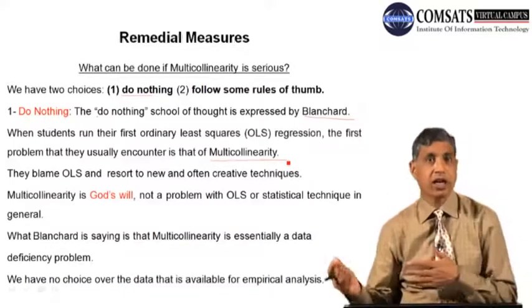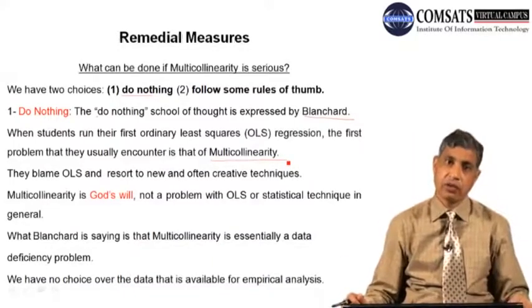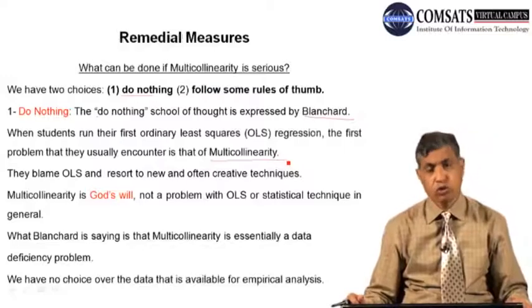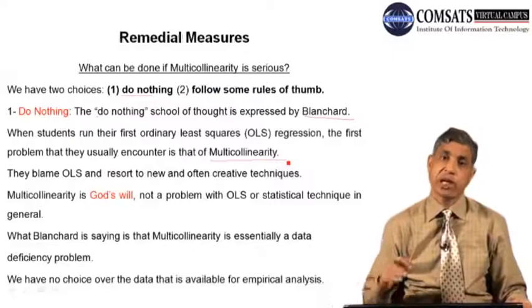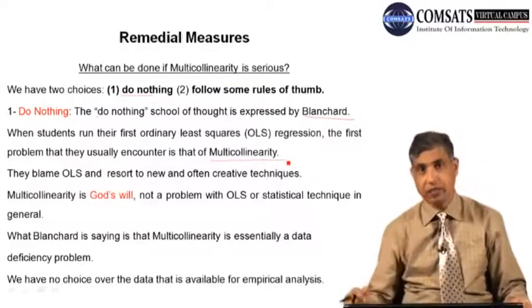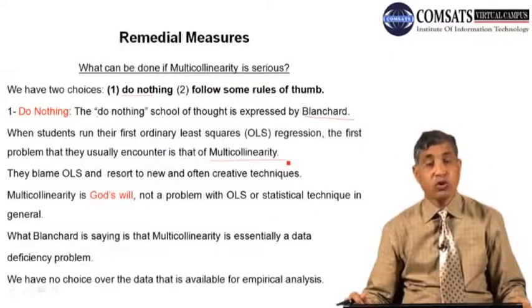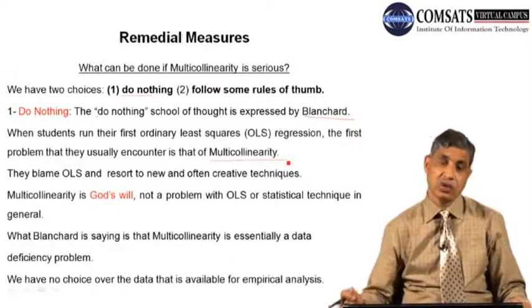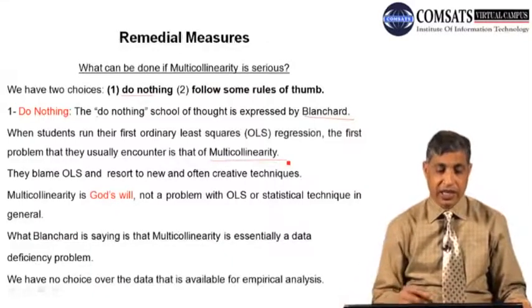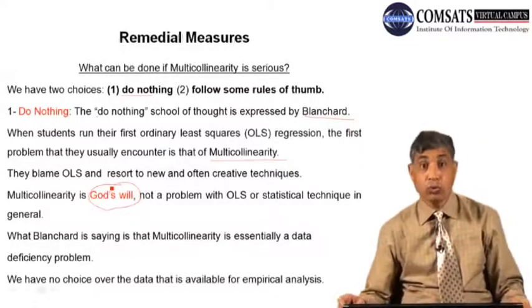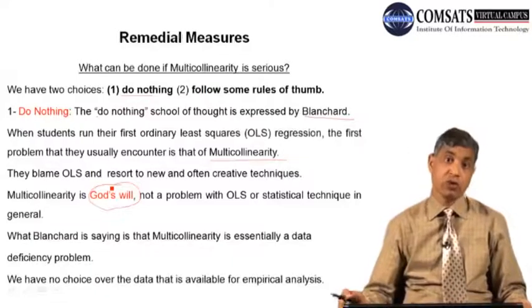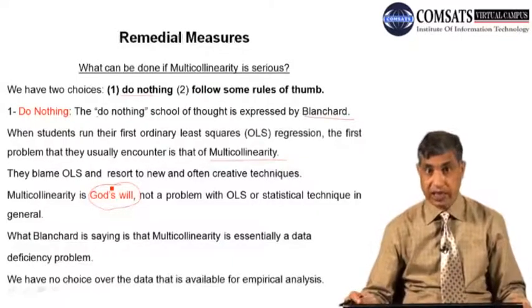There are alternatives available to ordinary least squares, so they will change their methodology. For example, suppose they estimate by maximum likelihood. Rather than criticizing OLS, they should understand that according to Blanchard, this is God's will. Blanchard is a big name in these quantitative techniques.